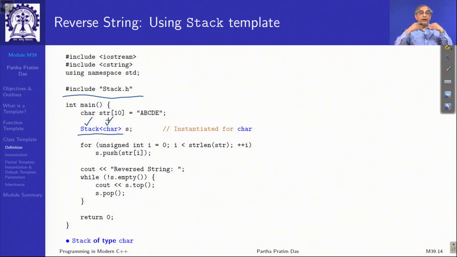What the compiler does is it takes that header file code, sets T to char, generates code which replaces T by char and then compiles it. Since it just had the template and it is generating the code, this is called generative programming.